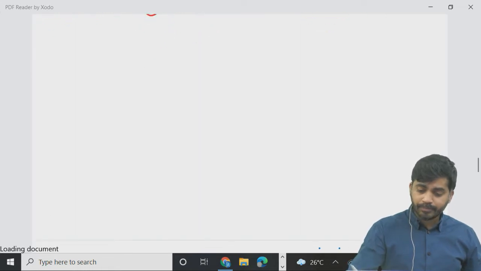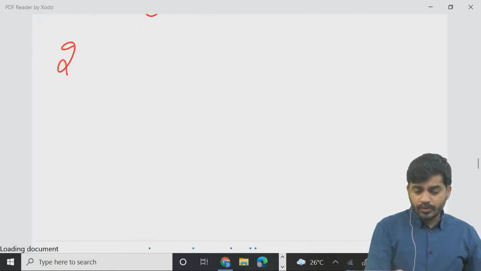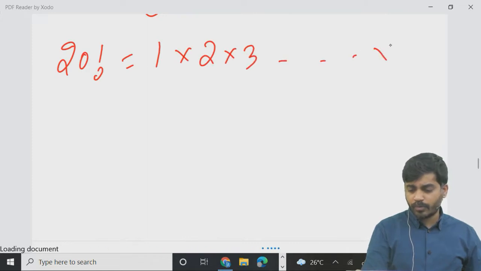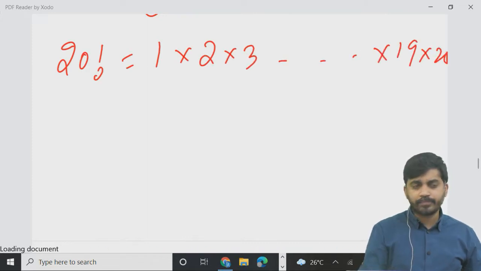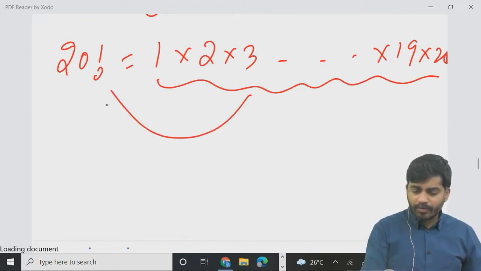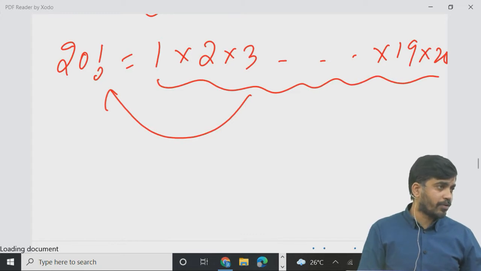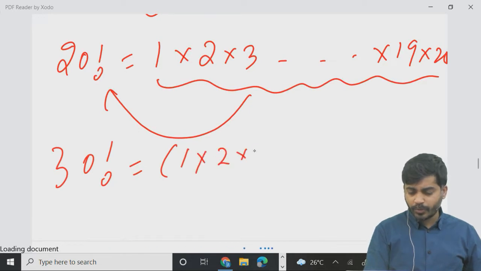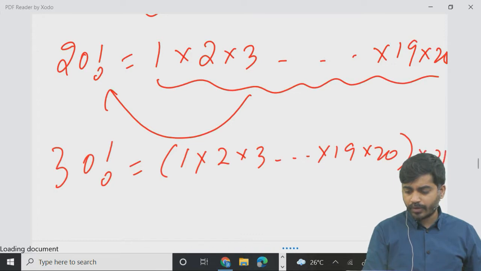Similarly, 20 factorial means 1, 2, 3, and so on up to 19 into 20. All these numbers are factors of 20 factorial. What about 30 factorial? 30 factorial is 1 into 2 into 3 into so on 19 into 20 and 21, 22 up to 29 and 30.